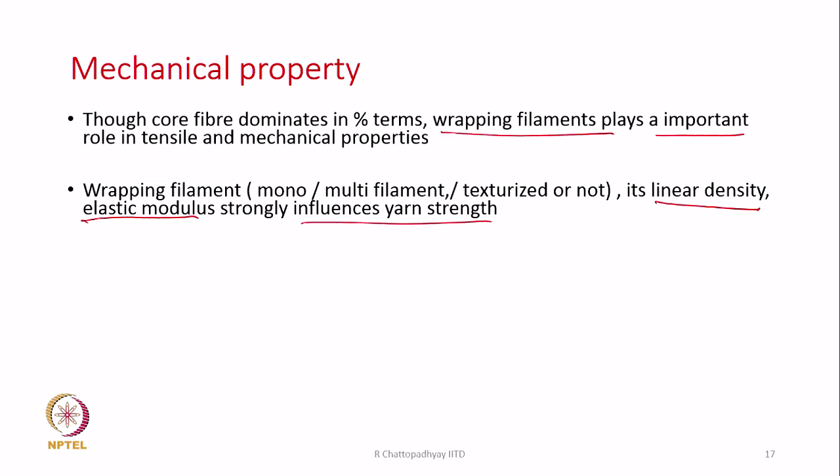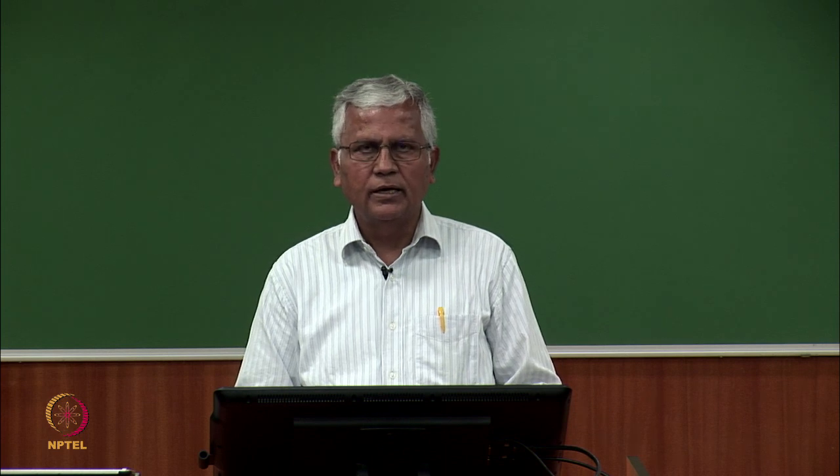So, we have to choose the filament yarn, keeping in mind that there are many parameters of the filament yarn which can influence the property of the wrap spun yarn.